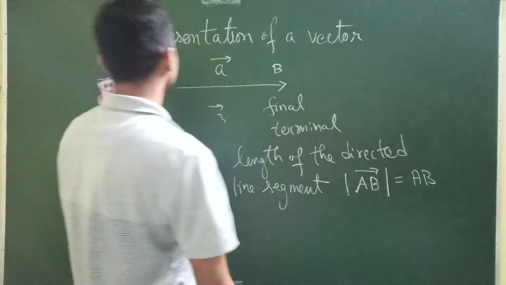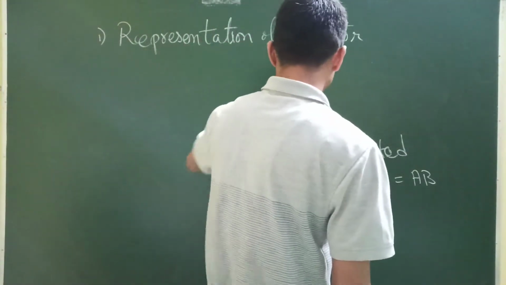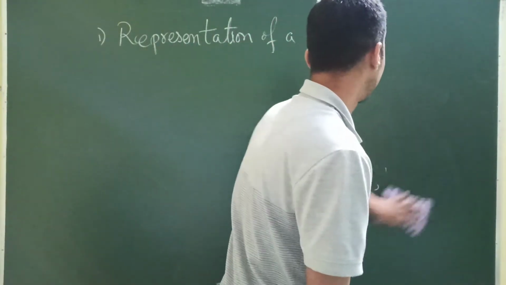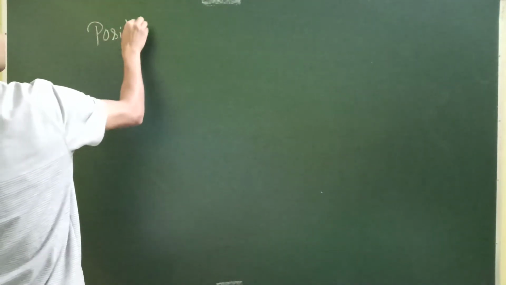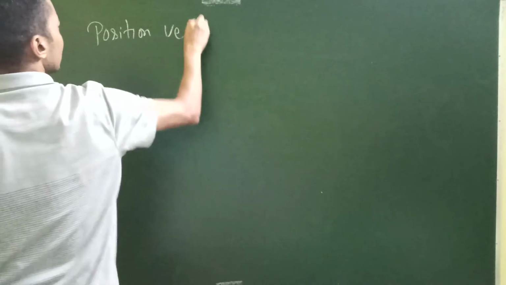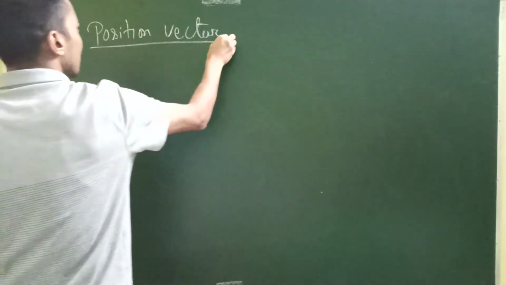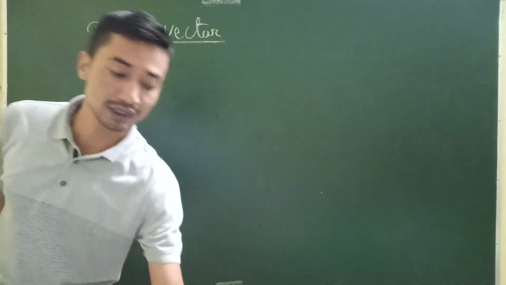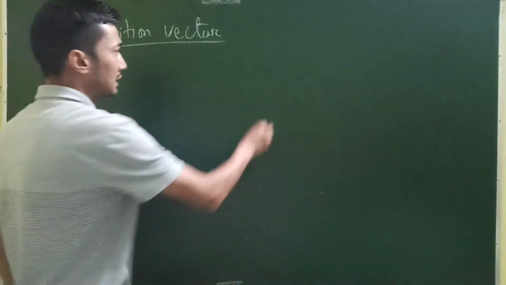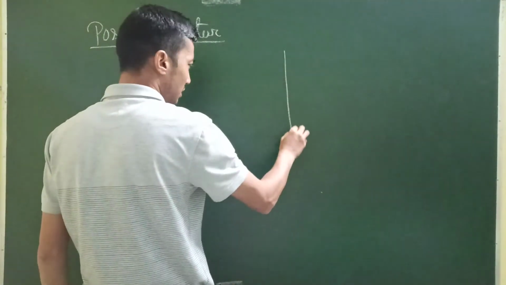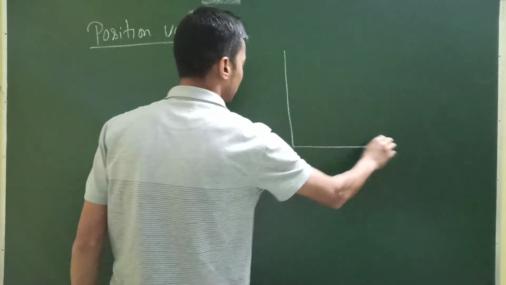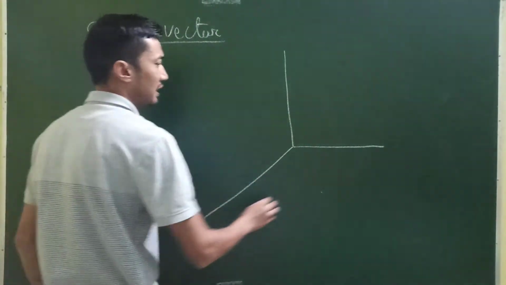Now the next topic will be position vector of a given point. For that, I will draw a three-dimensional space. Imagination is very important, especially in three-dimensional space, vectors and all.